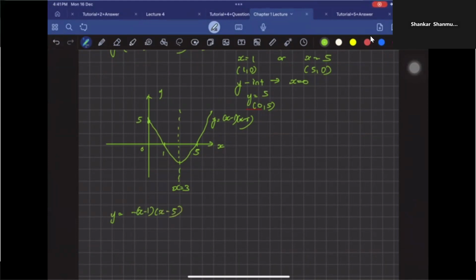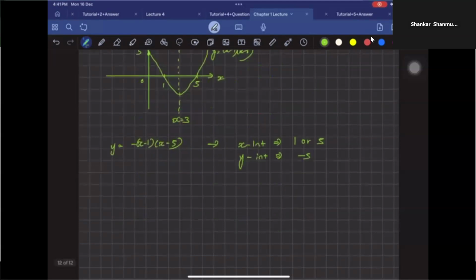Again, same thing. Everything is the same, just that your graph is now a frowning graph. Okay? So in this case, your x-intercept remains the same, x equals 1 or 5. And then your y-intercept becomes minus 5. Okay? So if you draw the same thing again, y, always remember to label your axis.